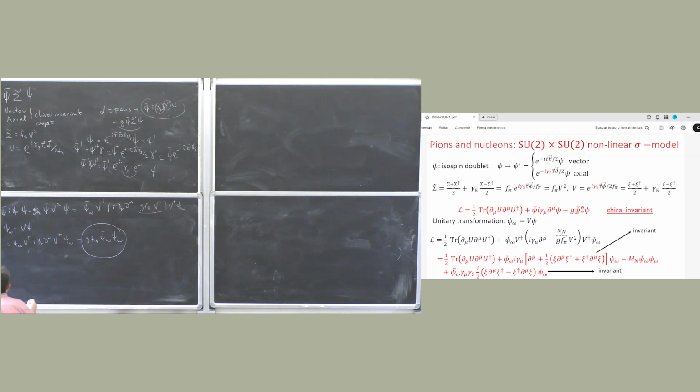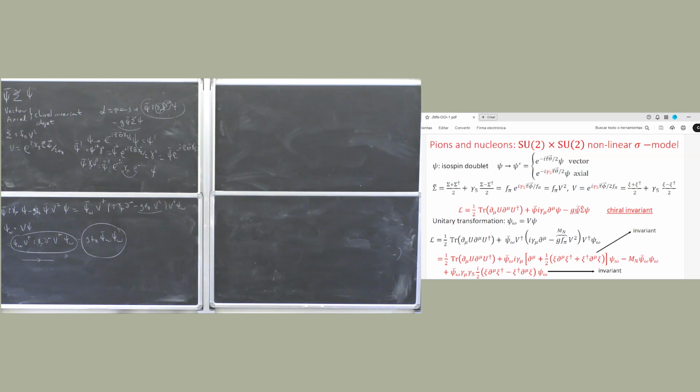And then you have to work a little bit more with this. But this is going to give you interactions between nucleons and pions, right? Because you have here your nucleon lines, you annihilate, you create, so this is your nucleon line. And then in V you have the pion fields. So automatically this gives you interactions between nucleons and pions.